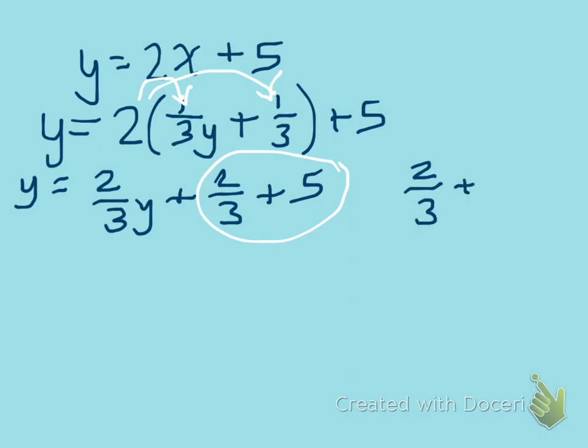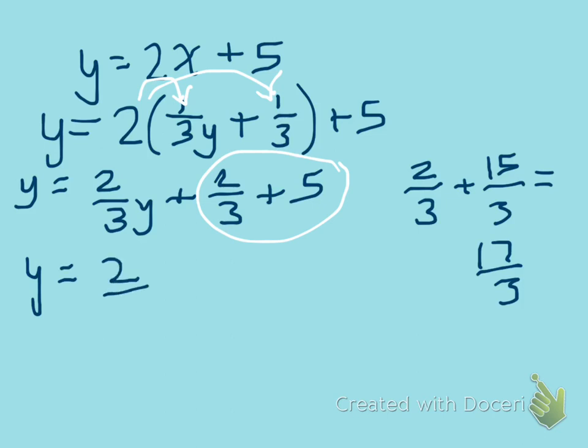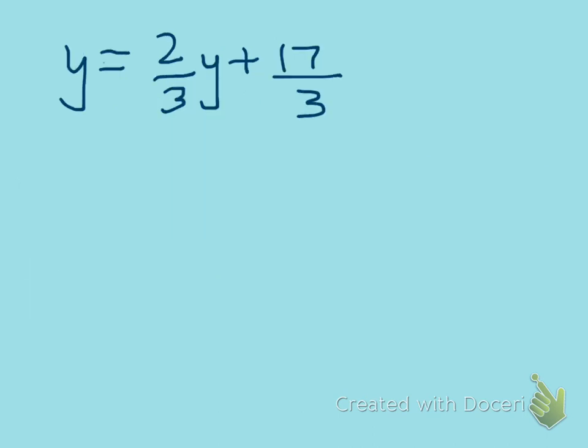The 5 becomes 15/3, and I am left with 17/3 when I add them together. So now I'm going to rewrite it over here. y equals 2/3 y plus 17/3. And for sake of room, I move down to another slide.